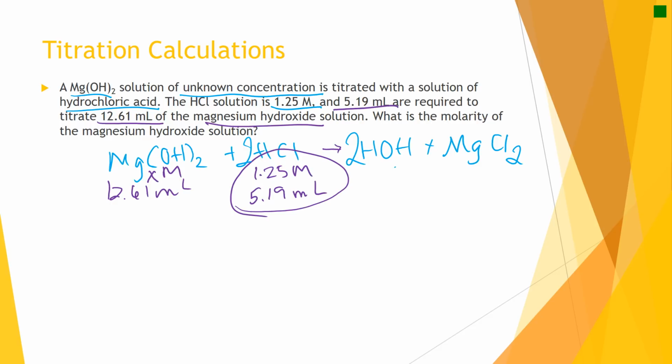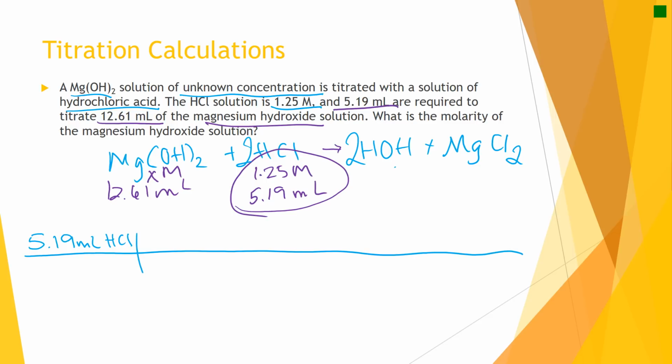So now, you're going to start with your known volume, which is 5.19 milliliters of HCl, and you are going to start your lovely conversion. First I'm going to go from milliliters of HCl to liters of HCl. From there, I am going to use my molarity conversion to go to moles, so it's 1.25 moles of HCl for every 1 liter of HCl.